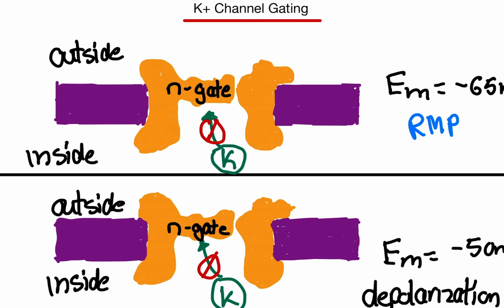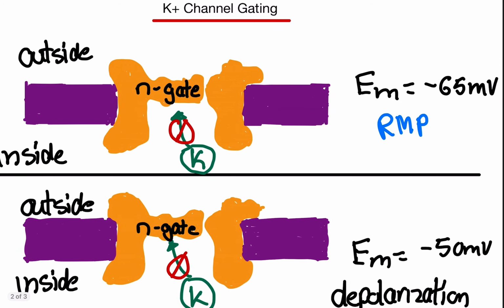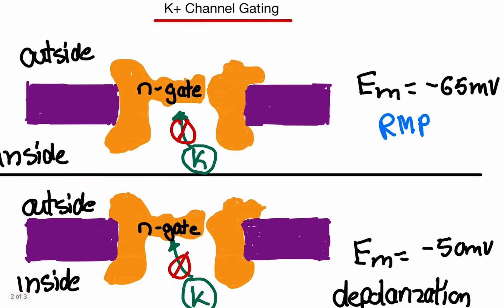When the voltage is at negative 65 millivolts, and when the cell's at rest, the channel is closed. The gate is closed, so no potassium can go outside the cell. Remember, there's more potassium inside the cell than outside the cell. So by properties of diffusion, potassium would want to go outside, but it can't because the gate's closed. So the potassium is essentially going to remain inside the cell.